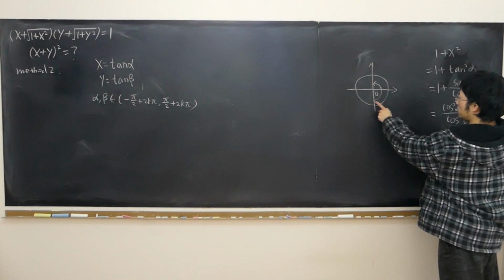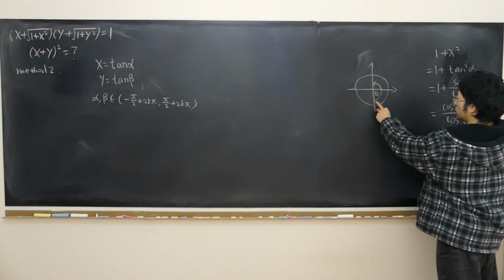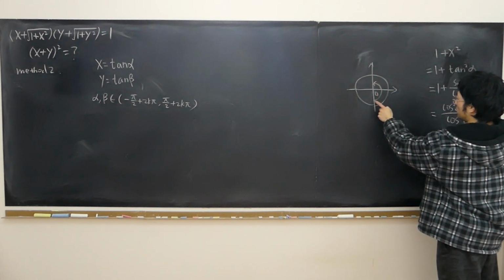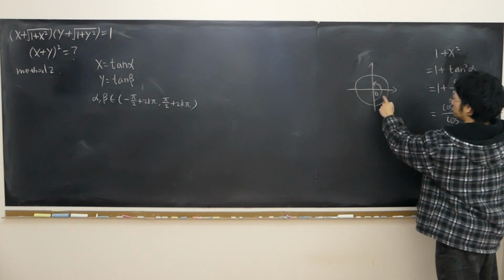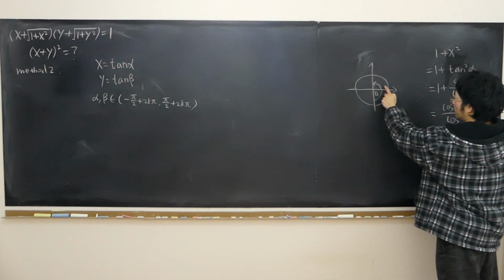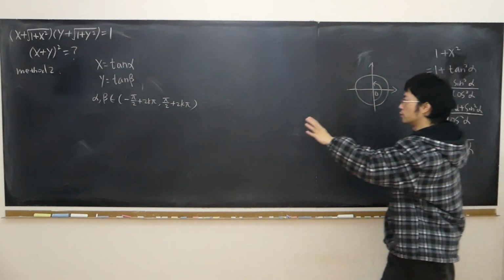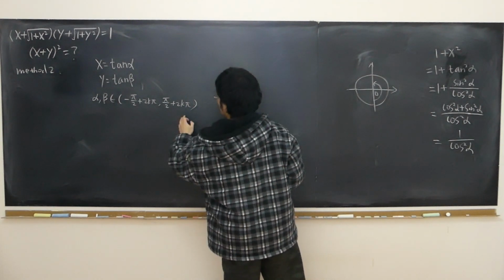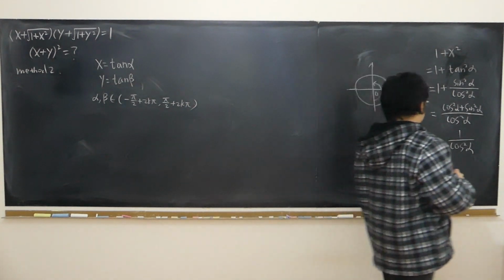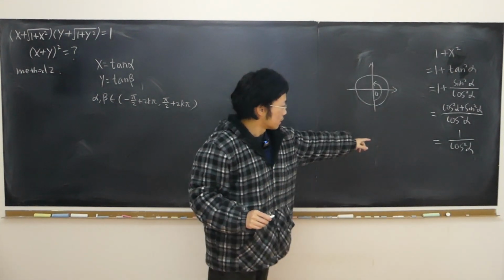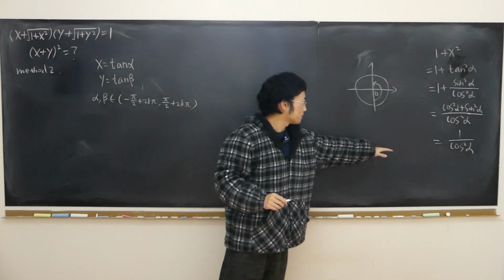Here we have the angle of minus pi over 2, and up here we have the angle of pi over 2. So from minus pi over 2 to pi over 2, the x value is always positive, on the right-hand side of the y-axis. We also have to use an open interval because we don't want cos alpha to be 0, since it's at the denominator.